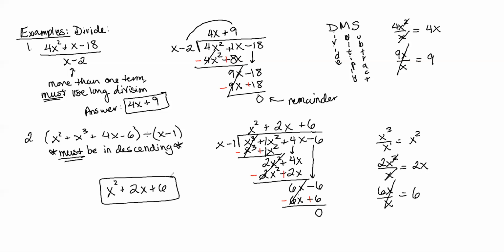All right, so let's go ahead and look at another example. Let's go ahead and do p cubed minus 2p squared plus 9 minus 5p all over p plus 2.